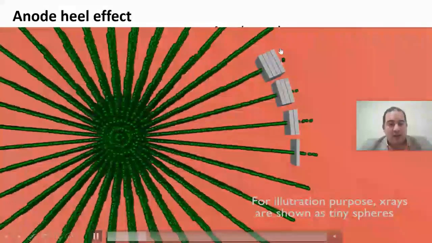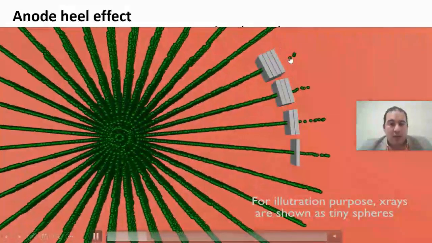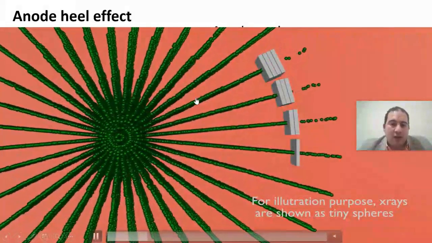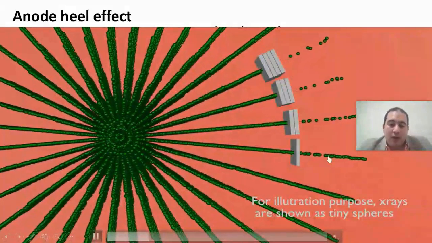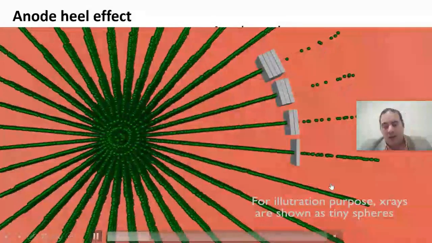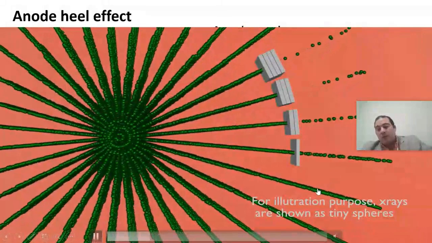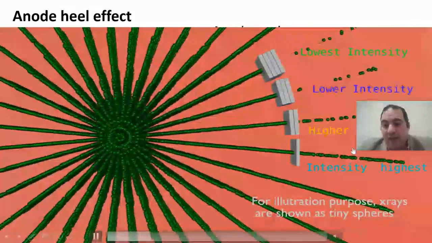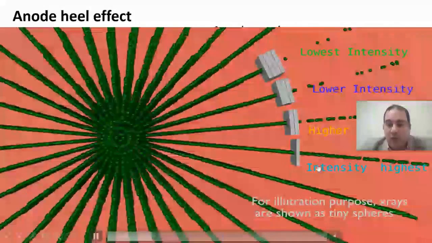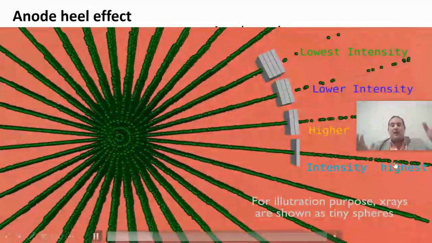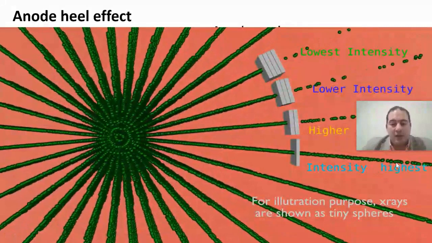For example, you see that the transmitted photons here are few because the X-ray photons travel a long distance inside the anode, which gives me an unequal distribution in the intensity of the X-ray. So you have lost intensity in the lower area and higher intensity in the upper area. This is the region of the cathode and anode that I was talking about earlier.